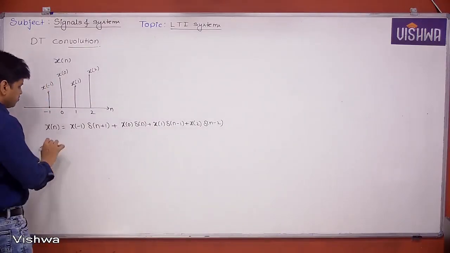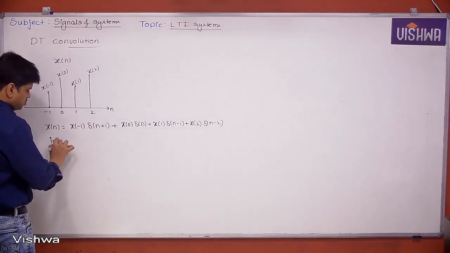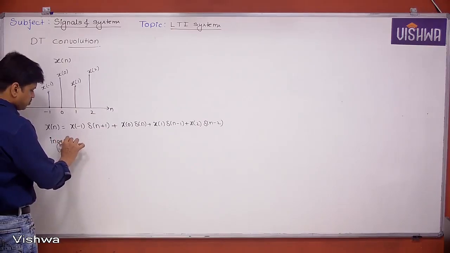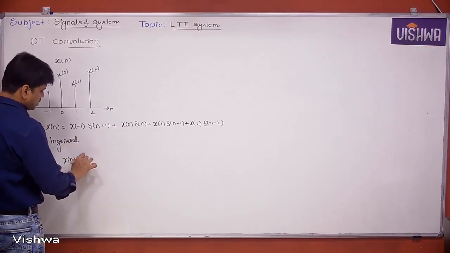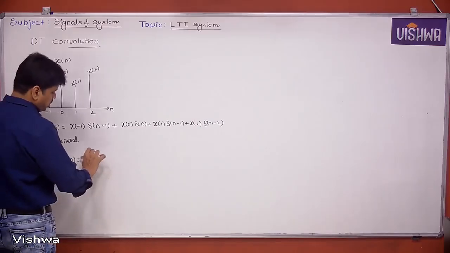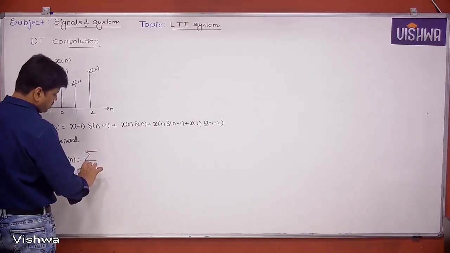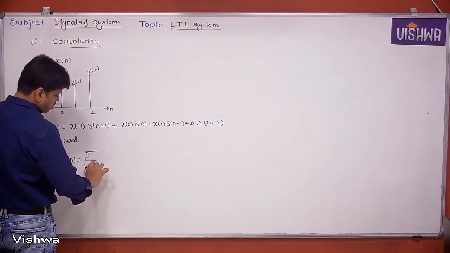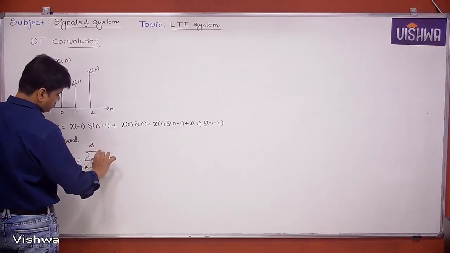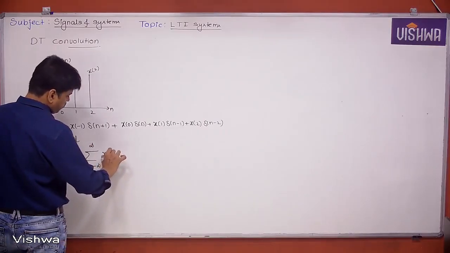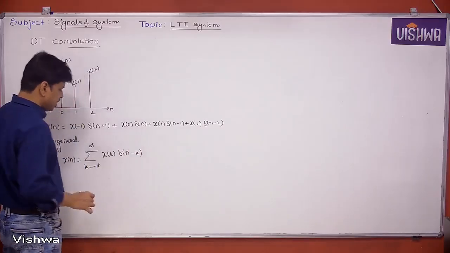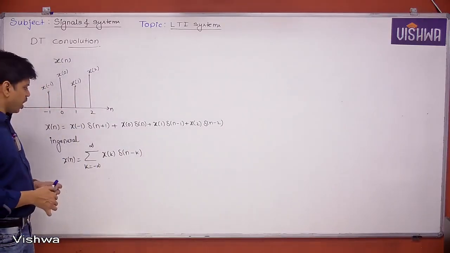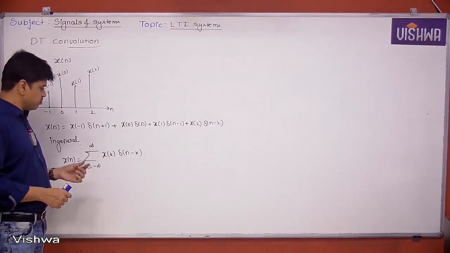In general, can I represent any signal x of n as summation k equal to minus infinity to infinity x of k delta n minus k? How, sir? See, try to understand.